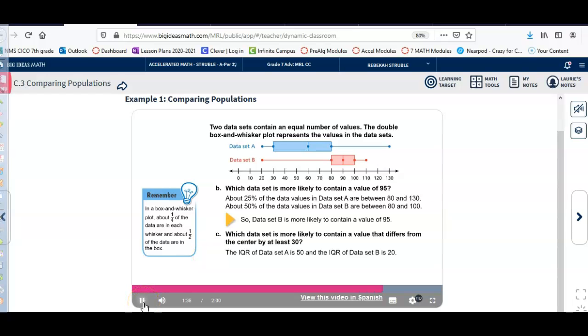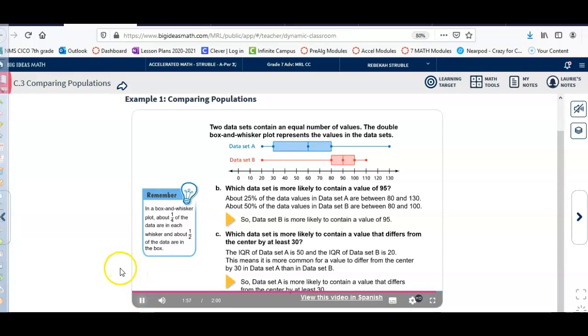The interquartile range of dataset A is 50, and the interquartile range of dataset B is 20. This means it is more common for a value to differ from the center by 30 in dataset A than in dataset B. So, dataset A is more likely to contain a value that differs from the center by at least 30. Okay?